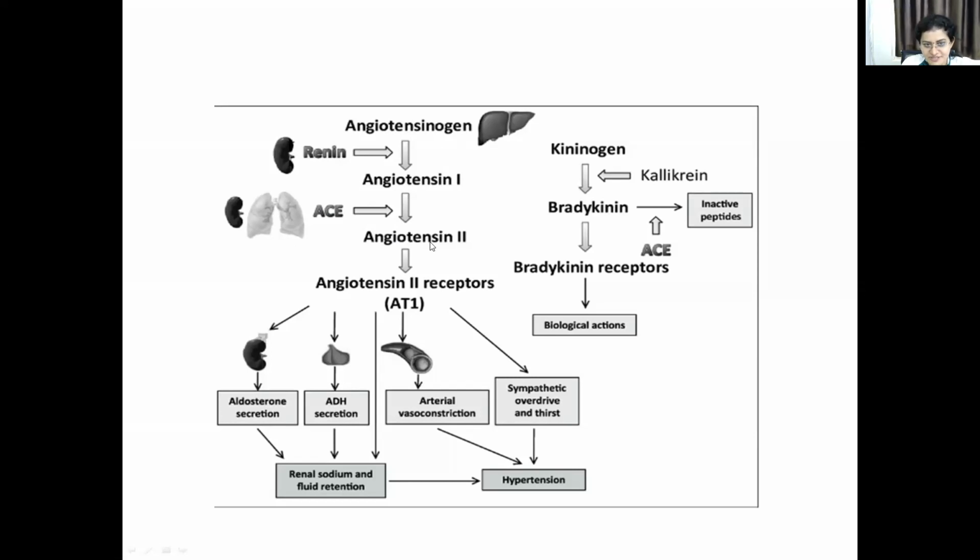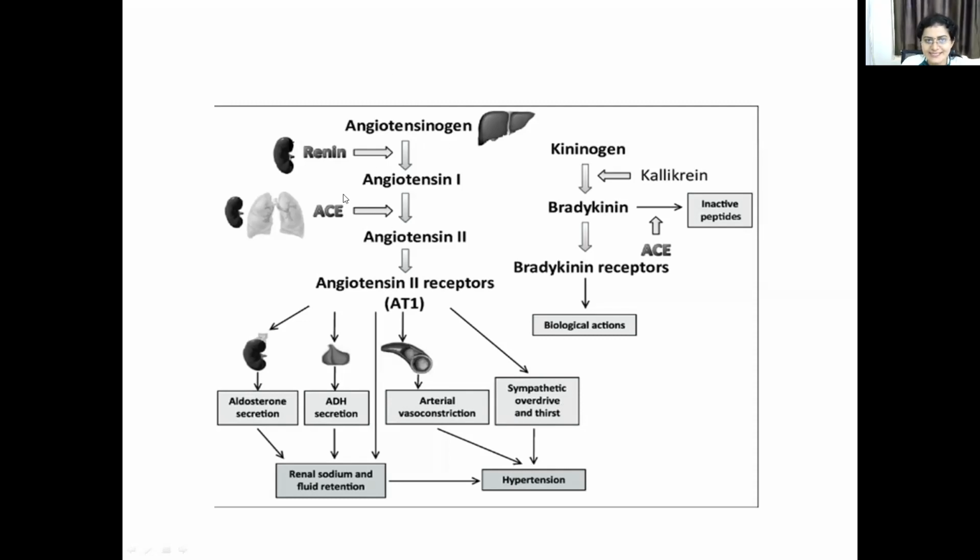Angiotensin 2 acts on AT1 receptors and causes secretion of aldosterone and ADH, which cause renal sodium and fluid retention. It also causes arterial vasoconstriction, which leads to hypertension, an increase in the BP.